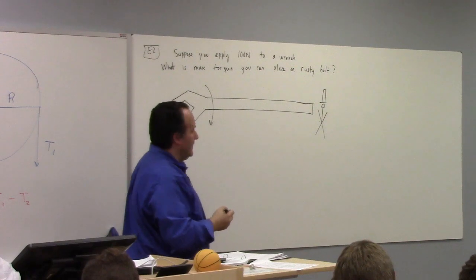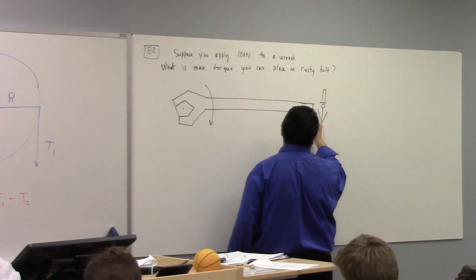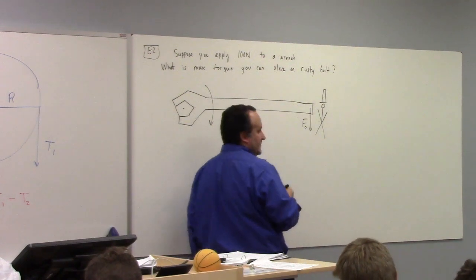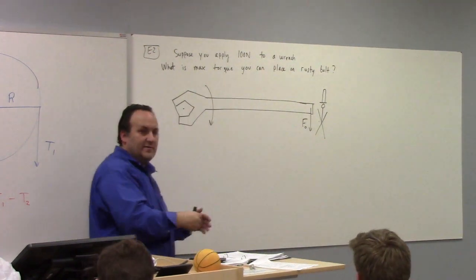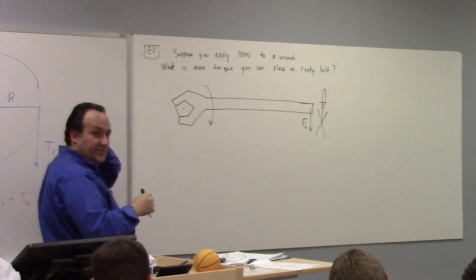So what would the torque be if he was pulling down with F naught here? What's the torque produced if he's pulling directly down, perpendicular to the radial arm?